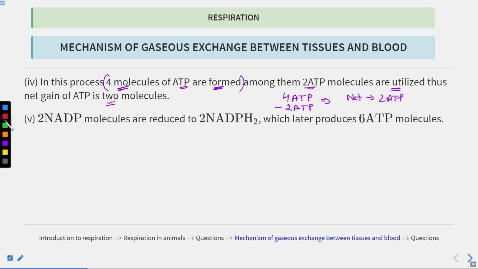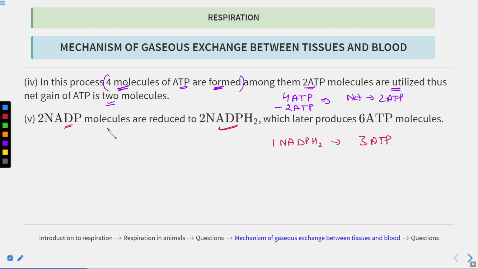Now, apart from ATP, NADPH2 molecules are also synthesized. So 2 NADP molecules are reduced to NADPH2 during glycolysis. And 1 NADPH2 molecule forms 3 ATP.